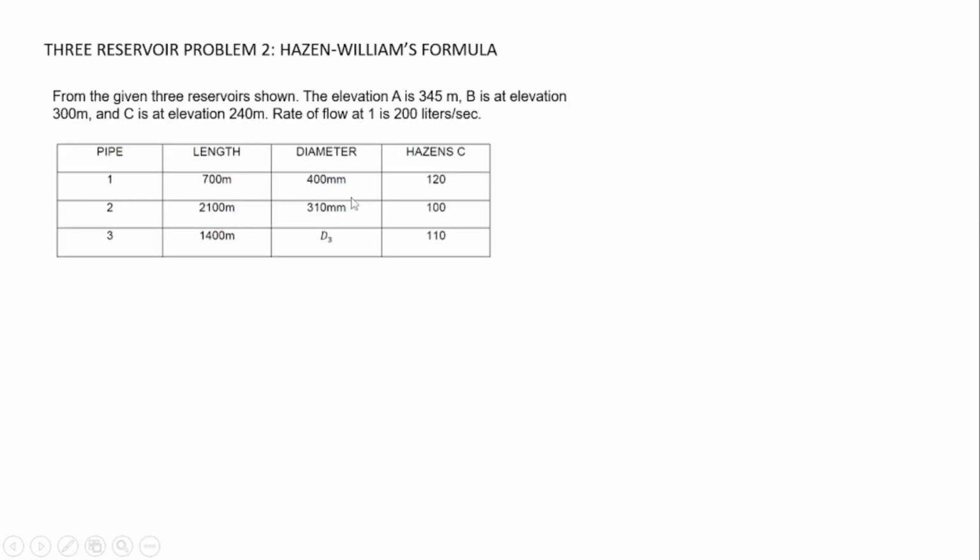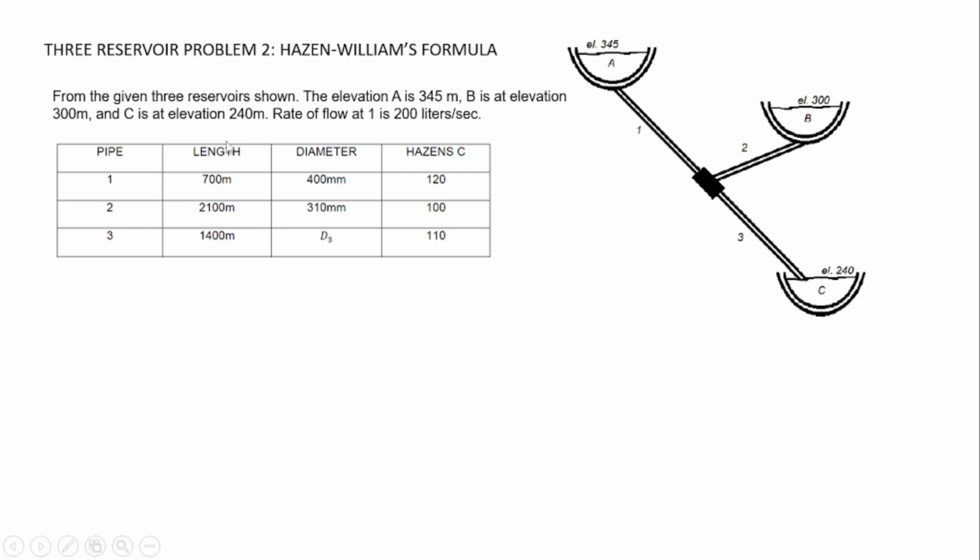So problem number 2, we are going to use the Hazen-Williams formula. From the given three reservoirs shown, the elevation of A is 345 meters, B is at elevation 300 meters, and C is at elevation 240 meters.